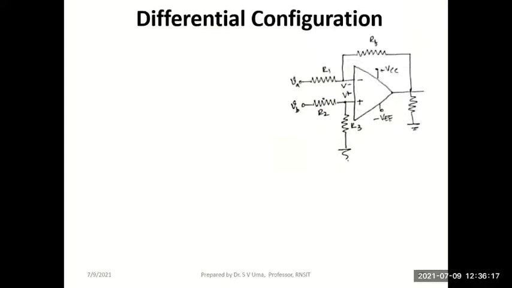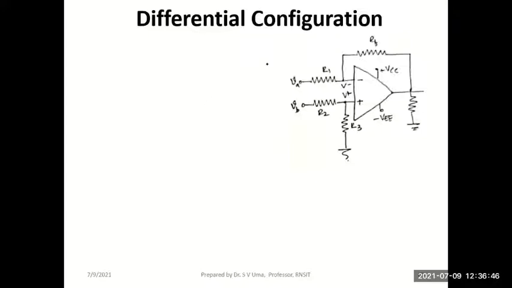Op-amp is supposed to be an amplifier which amplifies the difference between the two input signals, right? We defined an op-amp as a high gain amplifier that amplifies the difference between two input signals. But till now, we are usually considering one input signal either at inverting or non-inverting, and we are amplifying it.